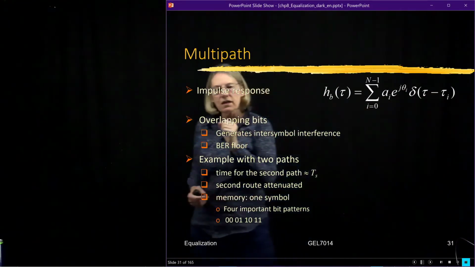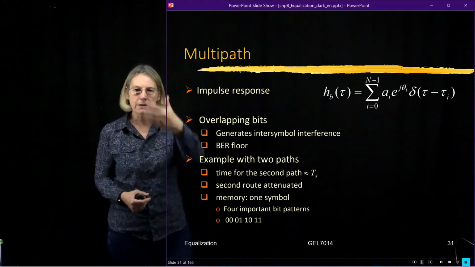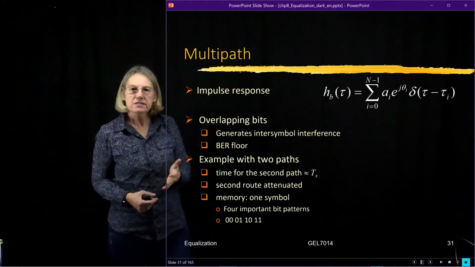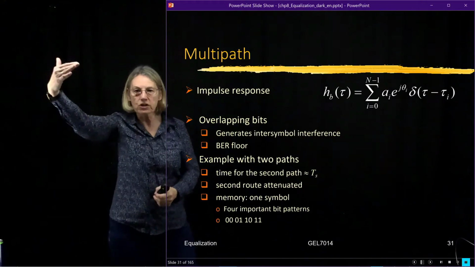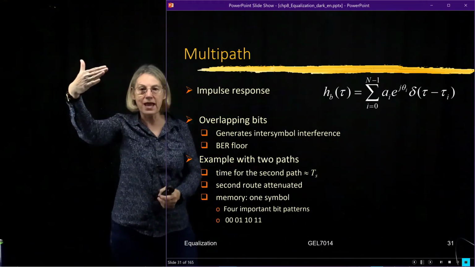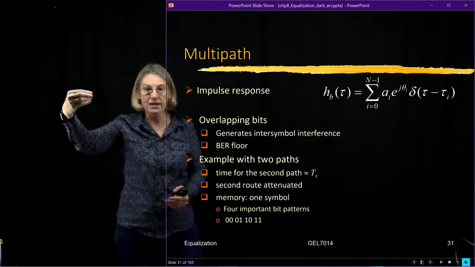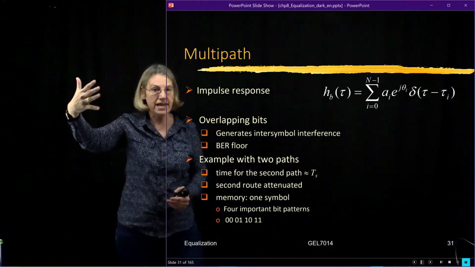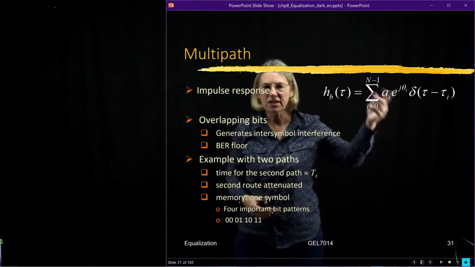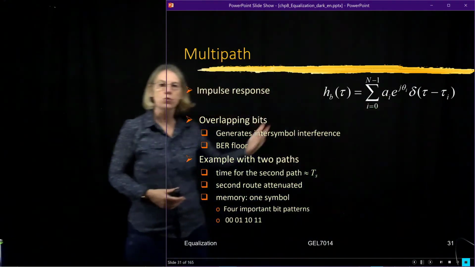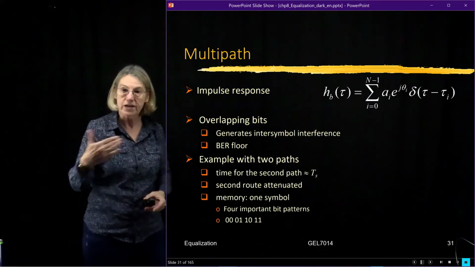But of course, the signal is not completely unaltered when it's coming by these different paths. For instance, each one of the paths may hit a different reflector, and the reflector may have different characteristics. So some may absorb the signal a lot, others may reflect it with very little attenuation. The A here represents the attenuation exhibited on each one of the different paths, and it could be very different depending on what surface it's reflecting off of.